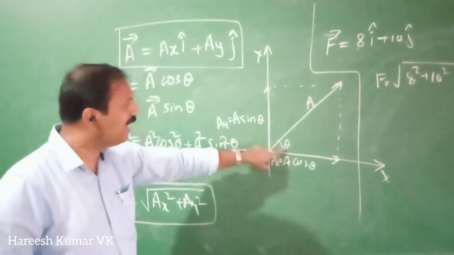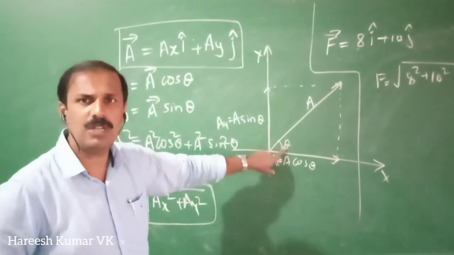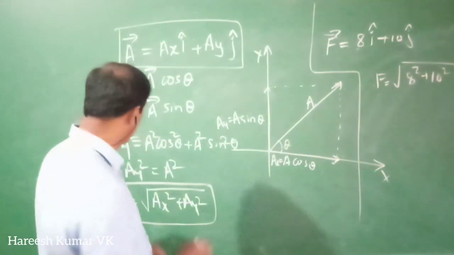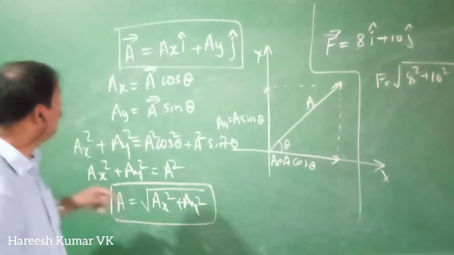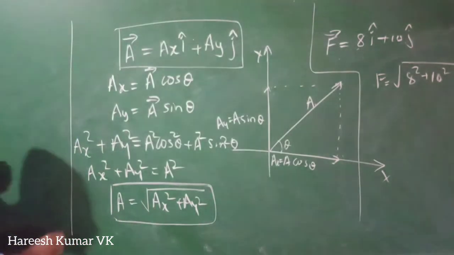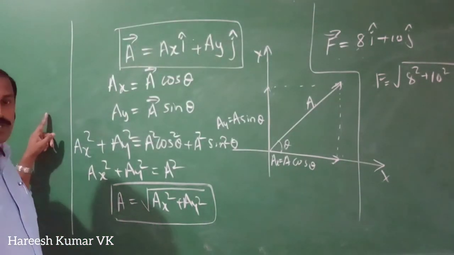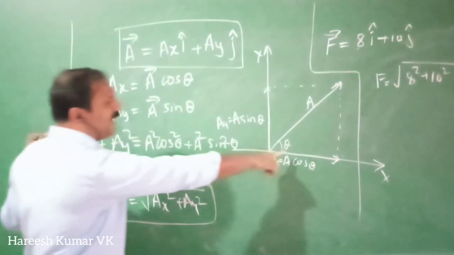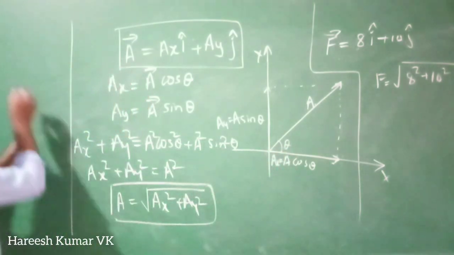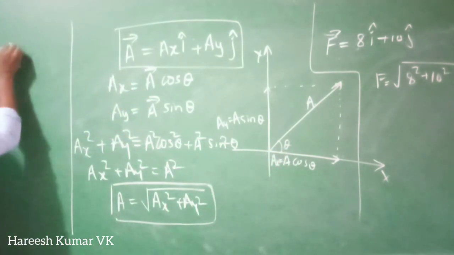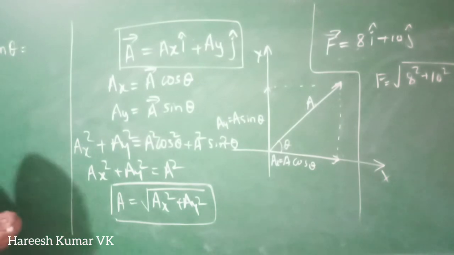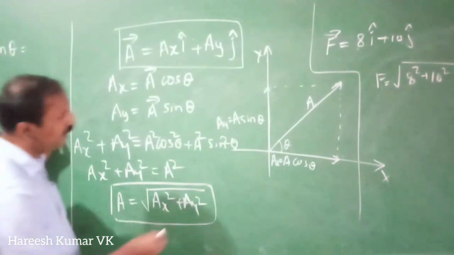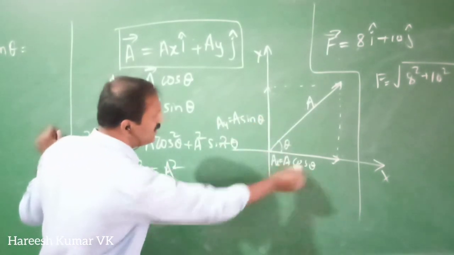Now what is this theta? For this theta also we can get some values here. If you see clearly here, you can check what this theta is. What is tan theta here? See the diagram, tan theta is equal to, this side is AY, this is AX.